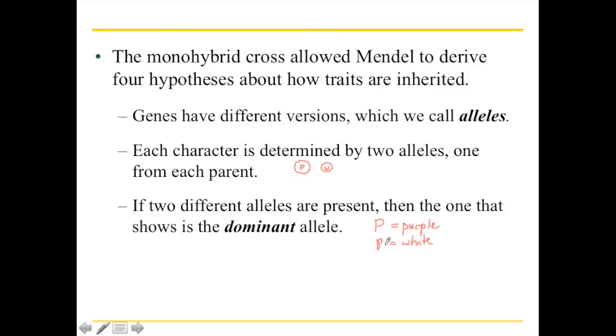And we would say in our genetics speak, if we use little p, that's going to be the white. And the reason why we use the small letter is because it is not dominant, but it is recessive. And so when you look at inheritance like this, and one of these traits completely disappears in one of the generations, then that trait that disappears must be the recessive one. Recessive in the sense that it recedes into the background for a while, but then it comes back.